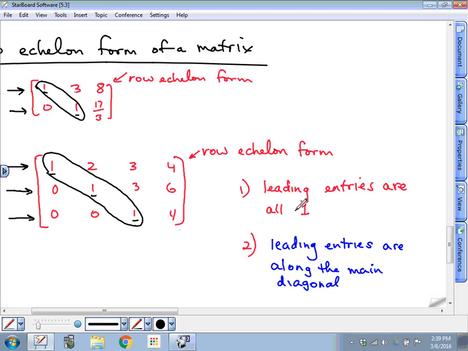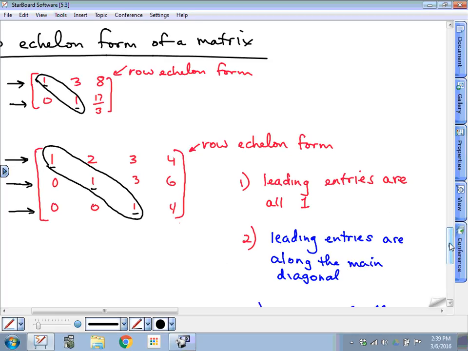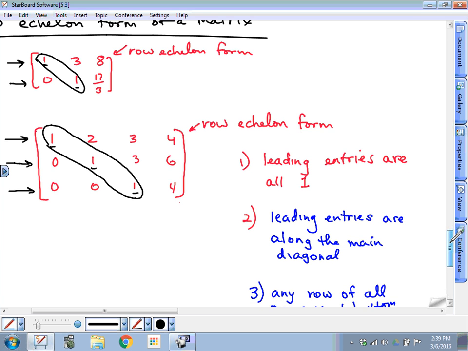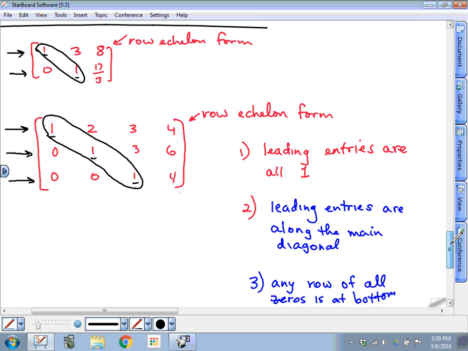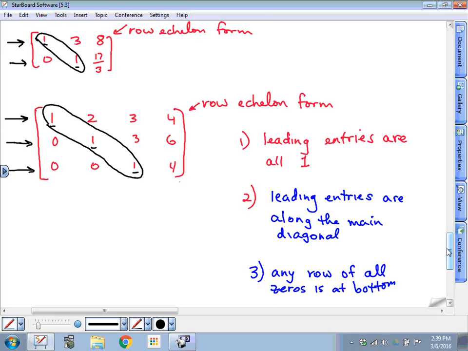So these are all 1, and those leading entries are in the main diagonal. And it does occur from time to time that you have a row of all 0s, or all 0s except for the last number. If that's the case, that row needs to be at the bottom.